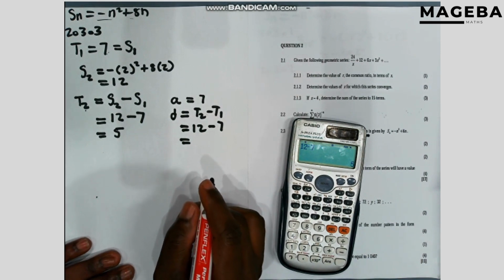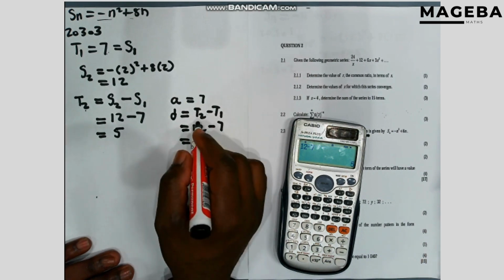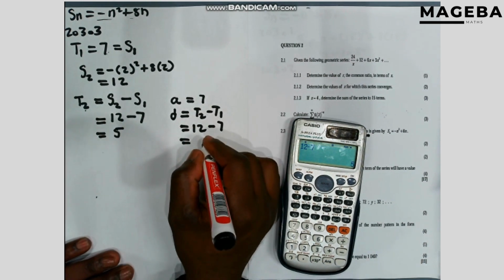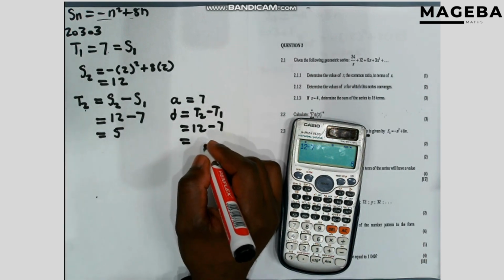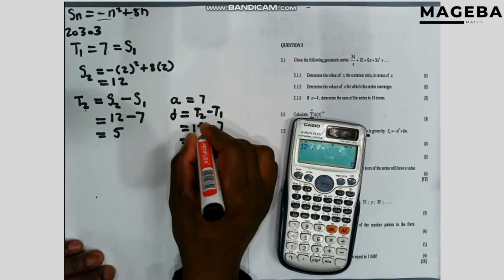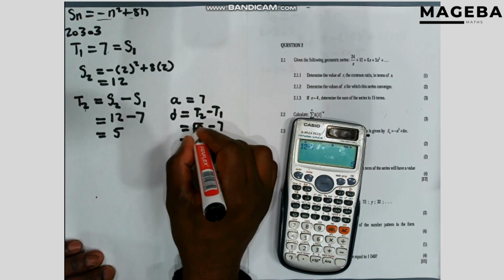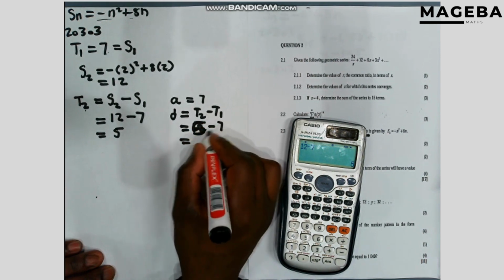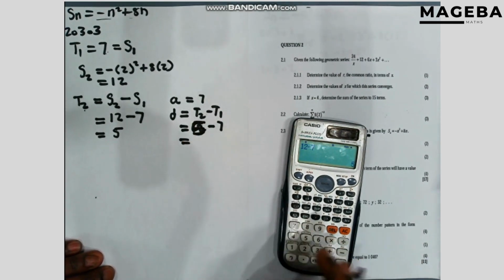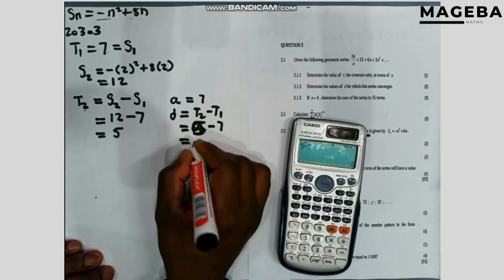T2 is 5, sorry. T1 is 7. So 5 minus 7 is negative 2.